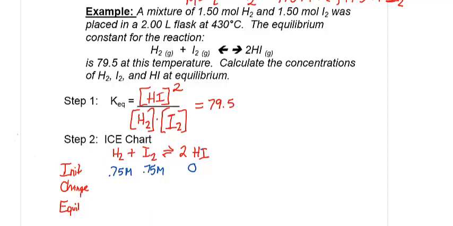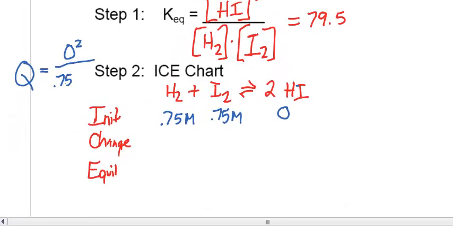So you should probably do a quick Q calculation using your initial amounts and your KEQ expression. You do your product squared over your reactants, so that would be 0.75 and 0.75. Turns out that Q is 0 here. Q is obviously less than our K value of 80. So that means it's going to shift in the typical direction. It's going to shift forward.